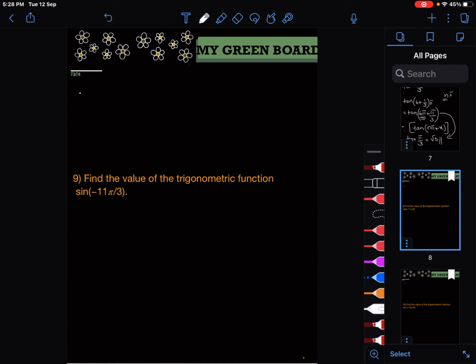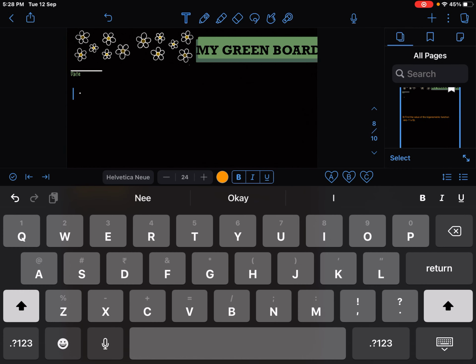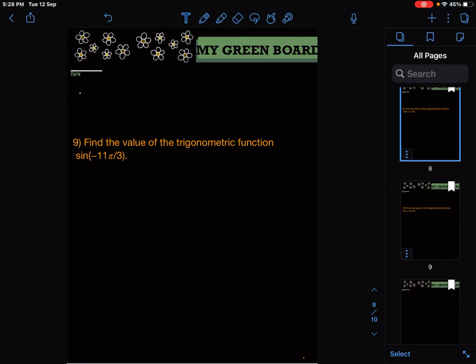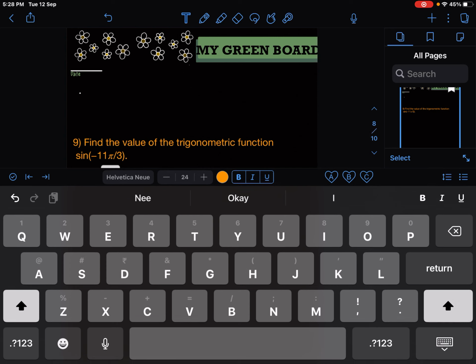The next question: find the value of the trigonometric function sine of minus 11 pi by 3. Here we can again take an identity.